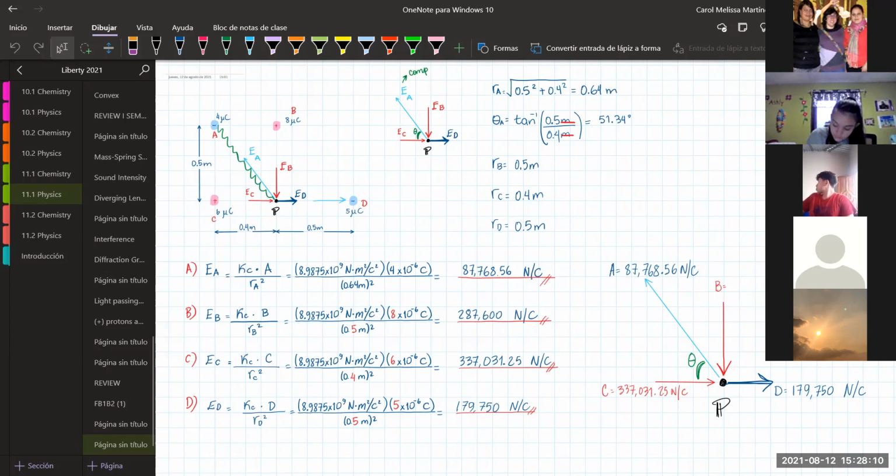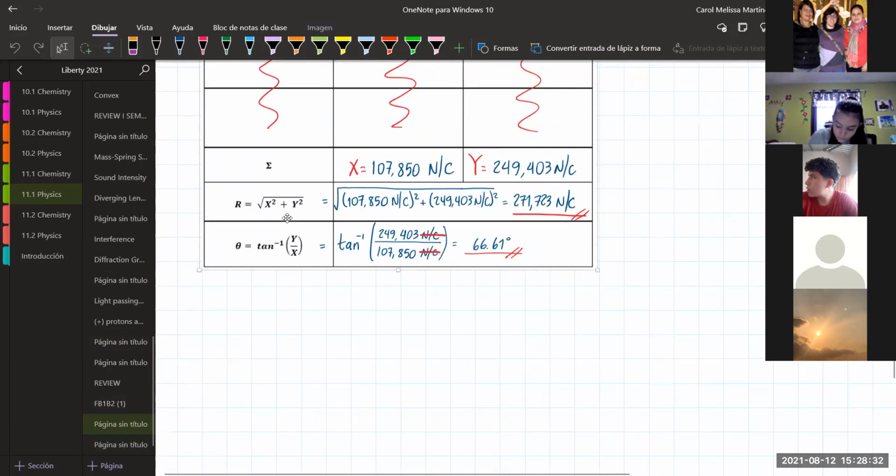And the angle that we got was 51.34 degrees. Now, this is your prior sketch, okay? And with this, we're gonna use the table of components to get the resultant.